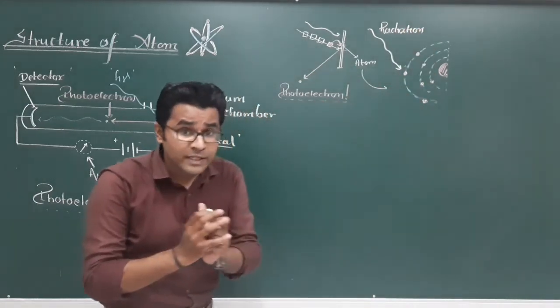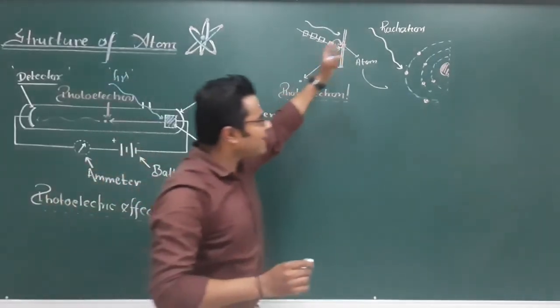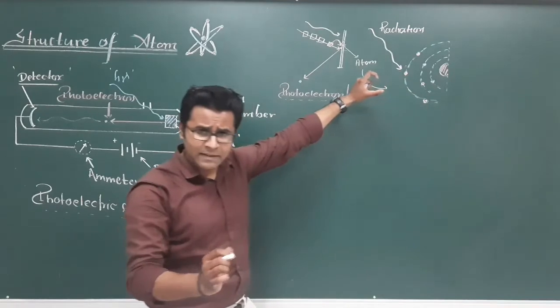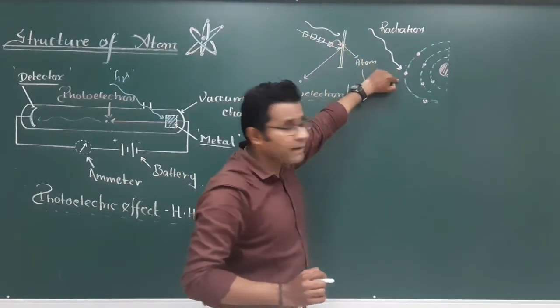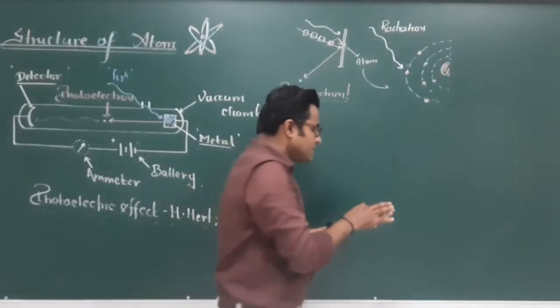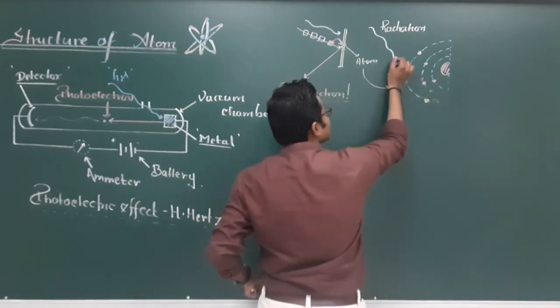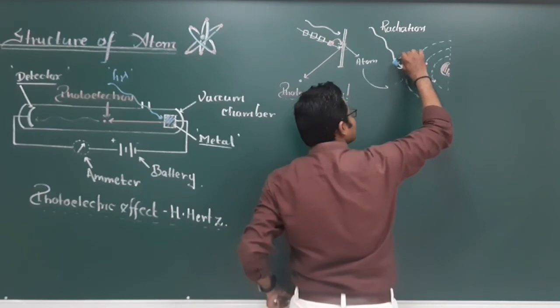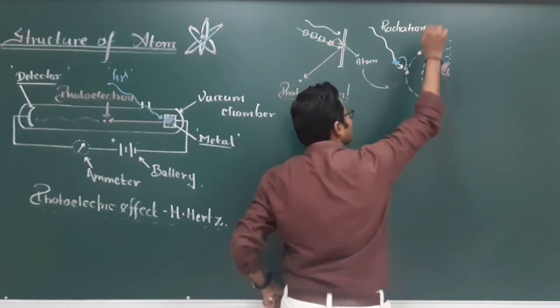So, when radiation of suitable frequency collides with that metal surface, whichever electron comes in its path, the photon transfers its energy to this electron.